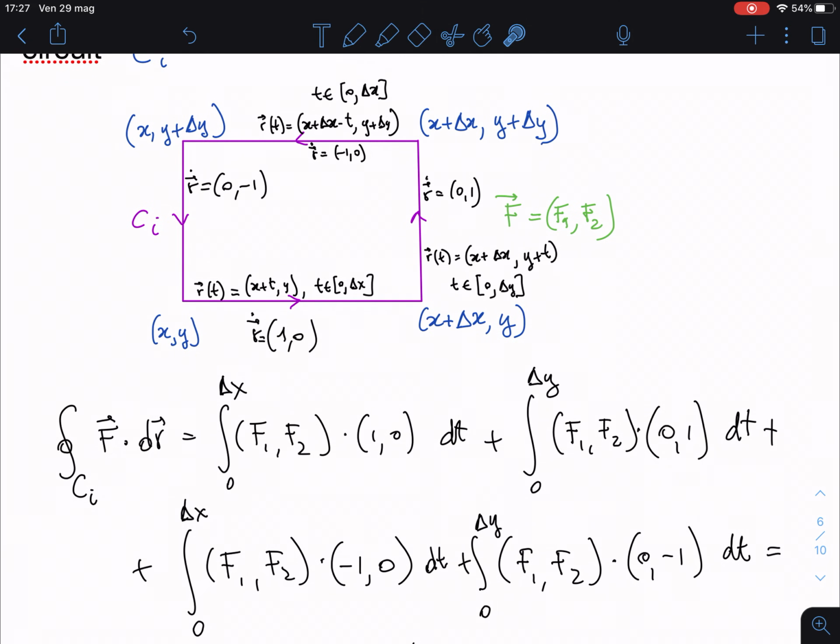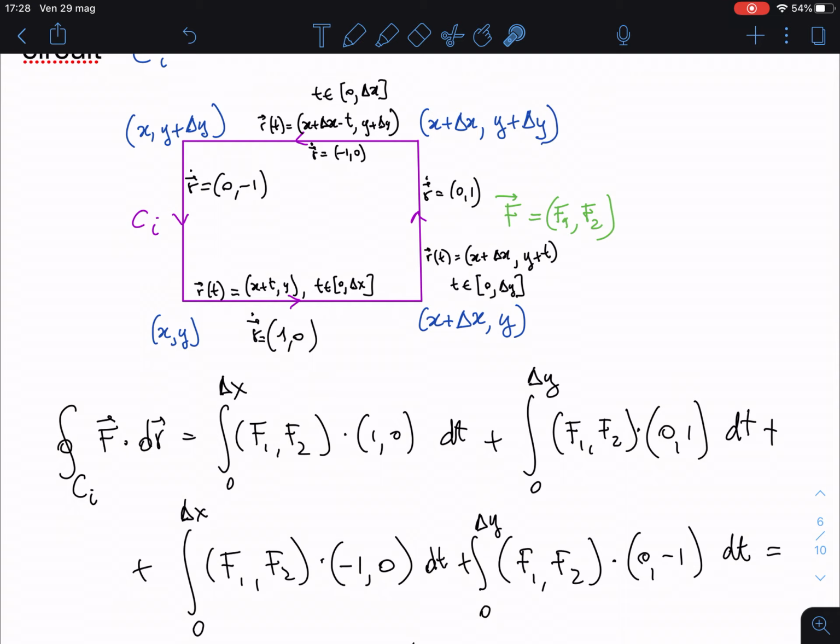So, if we call Ci the rectangle, the circulation of F on Ci is equal, due to the fact that R dot in this first side is (1, 0) dot the field. And t here is going from 0 to delta x, and this is why we have these extremes of integration. Okay? And this is the first term in the sum, first side of the rectangle.